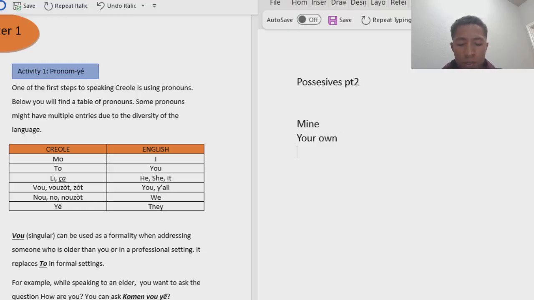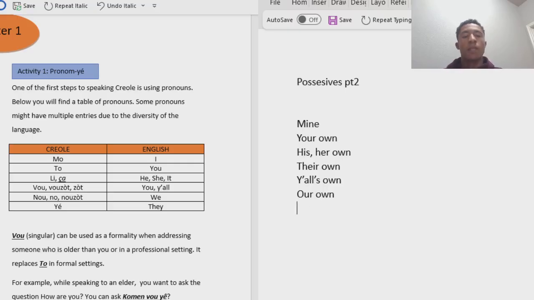Mine, your own, his own, his or her own. Their own or theirs, and y'all's own. You don't really hear that. Y'all's own, our own, and the formal your own, etc.